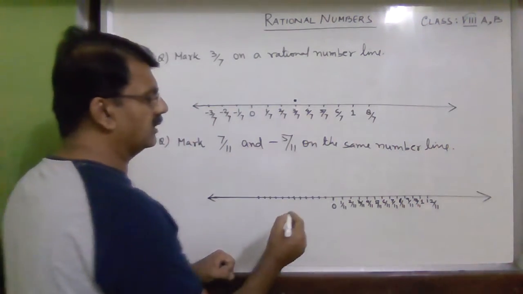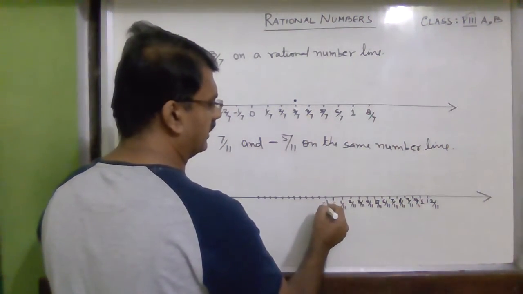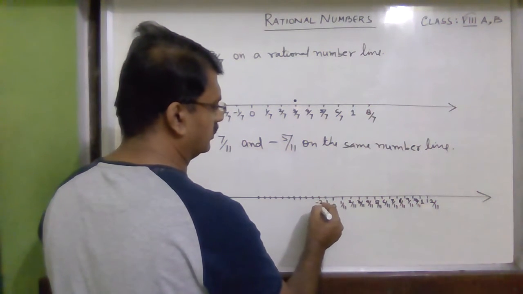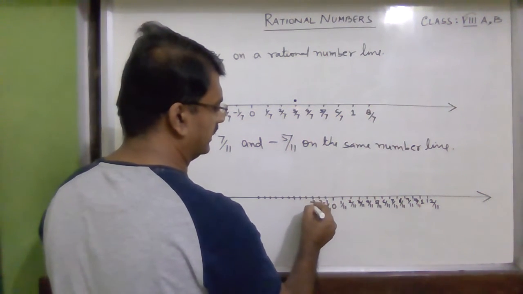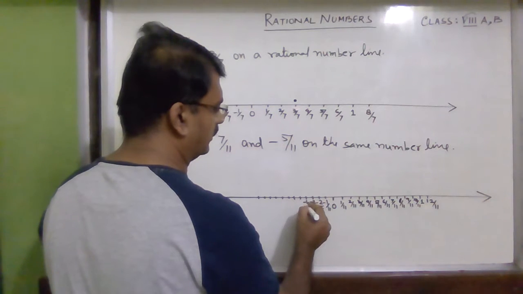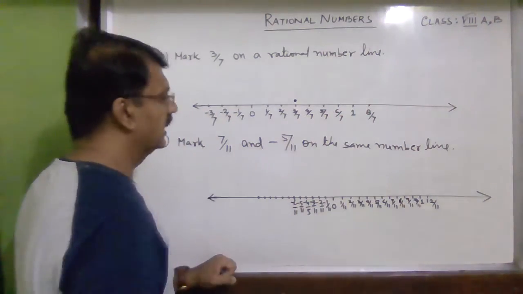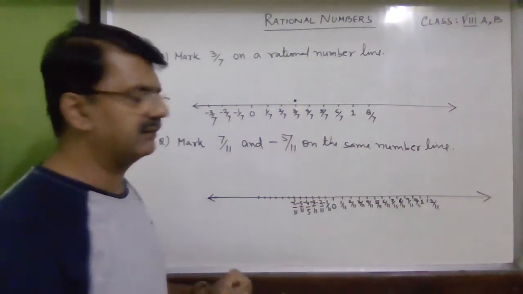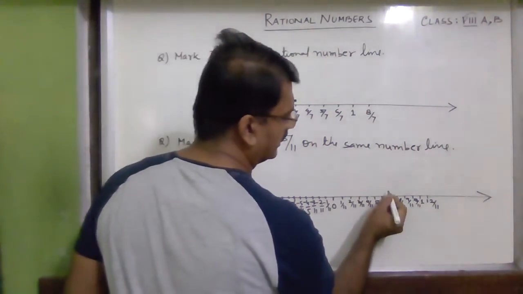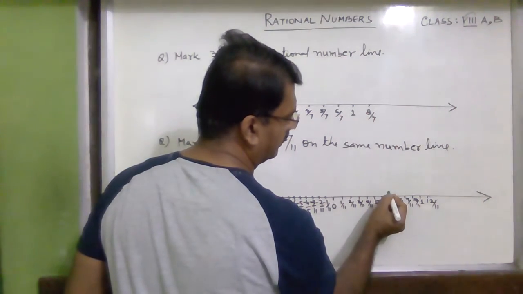On this side also, minus 1 by 11, minus 2 by 11, minus 3 by 11, minus 4 by 11, minus 5 by 11, minus 6 by 11, and so on. Now you see the first number is 7 by 11. 7 by 11 means here, so you put a dot here.